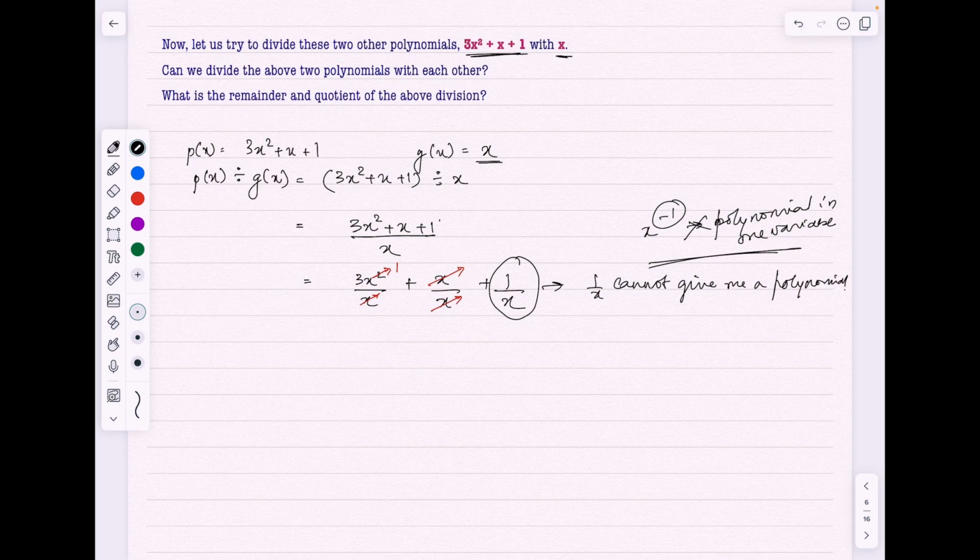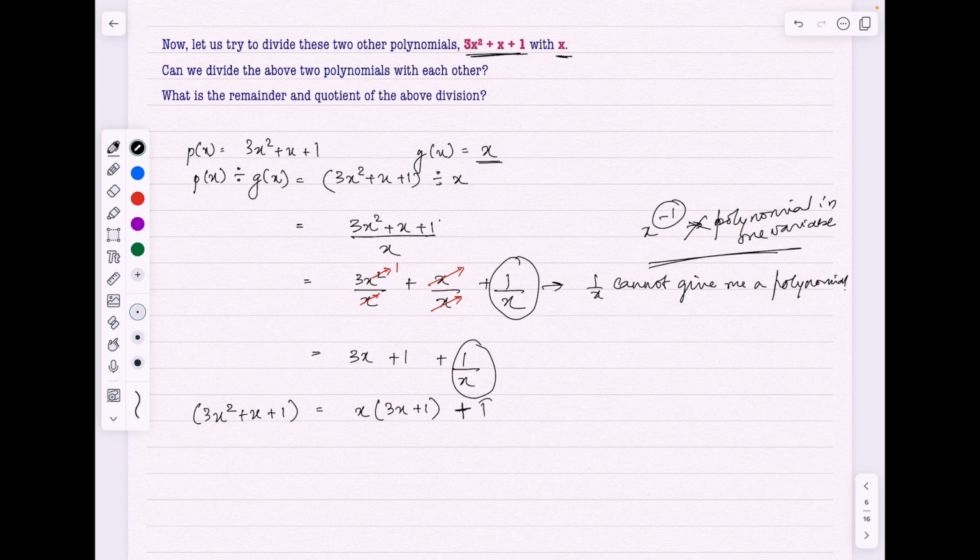So 3x square by x is 3x, x by x is 1, but 1 by x remains as 1 by x only. So this division will not work. What we are going to write is 3x square plus x plus 1 as x into 3x plus 1, plus 1.